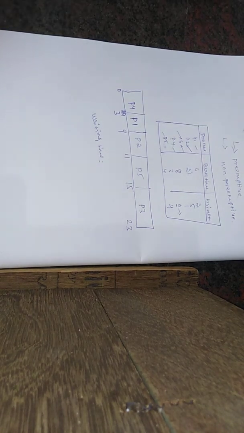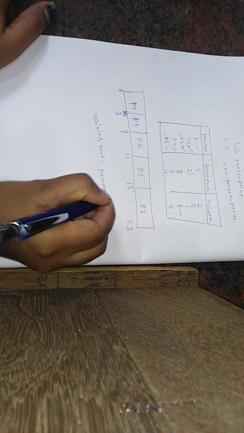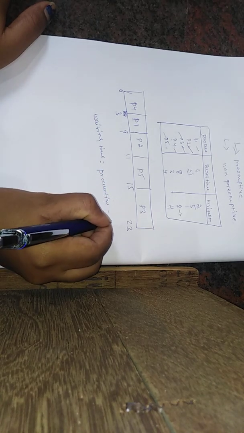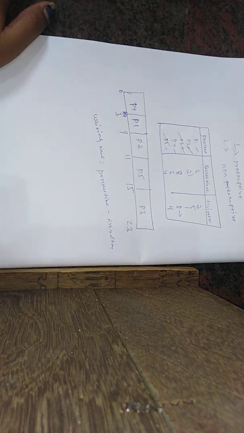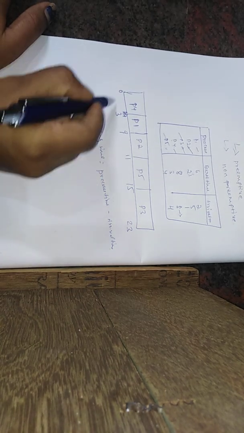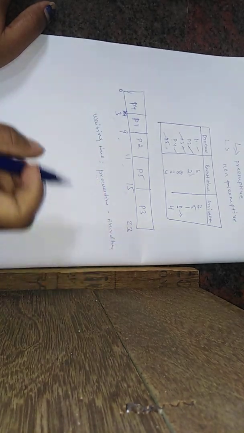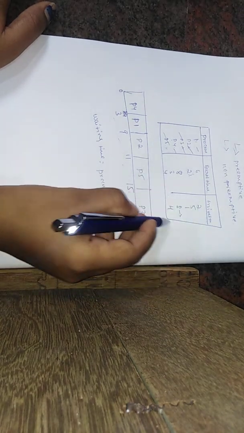Waiting time is equal to process time minus arrival time. Which one is the process time? This one we call the process time. Arrival time means we take this value.